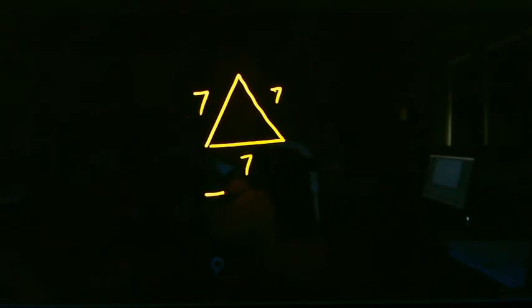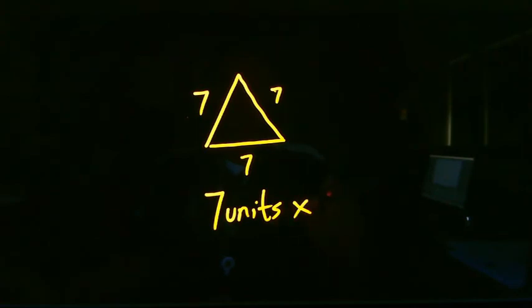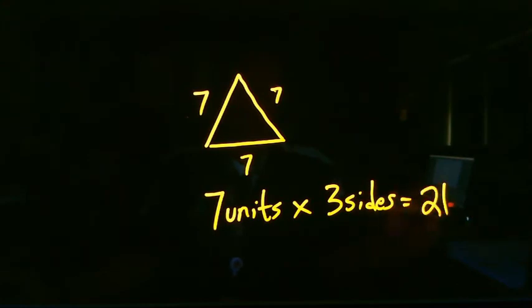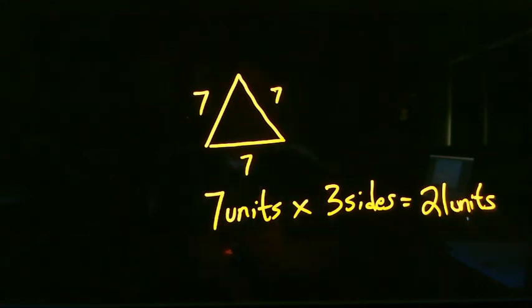So the length of each side is 7 units, multiplied by 3 sides is going to give us 21 units for the perimeter.